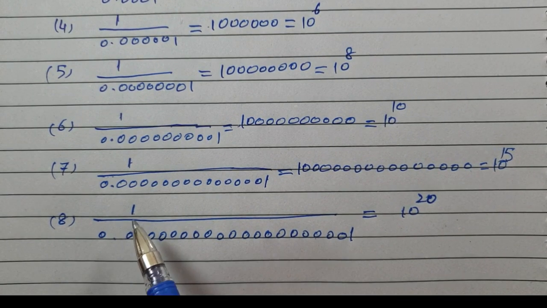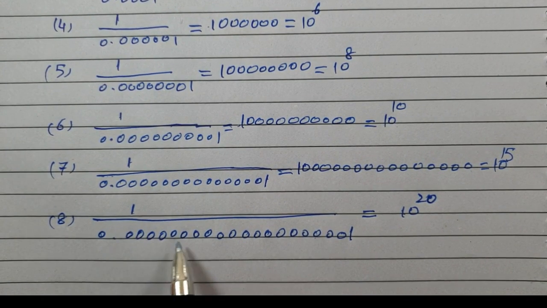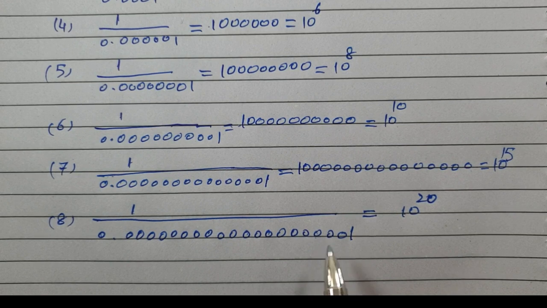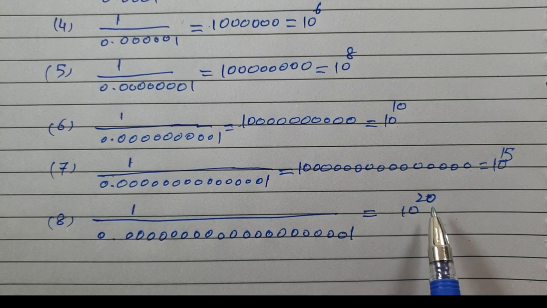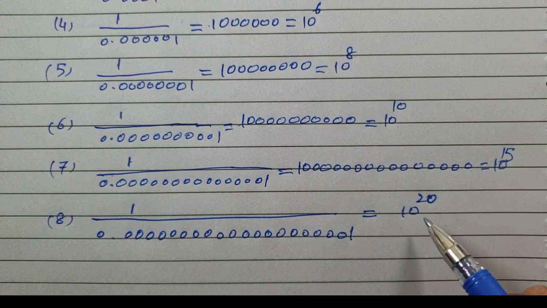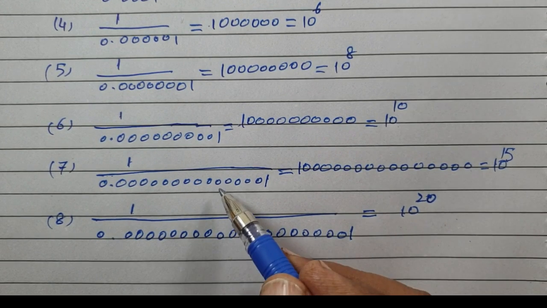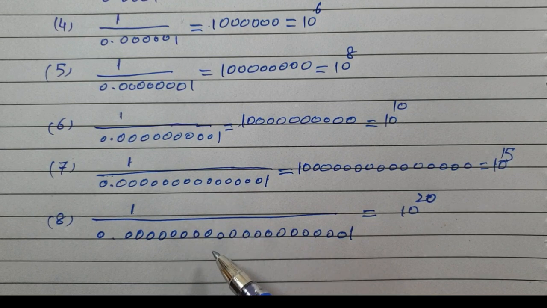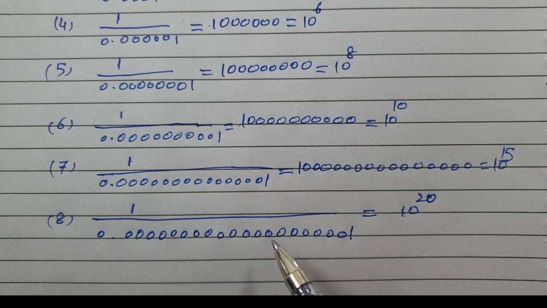Okay, we divided 1 by this number, then got 10 raised to power 20. It is a bigger figure than the previous, and this number is reduced to this, meaning more reduction in the denominator.